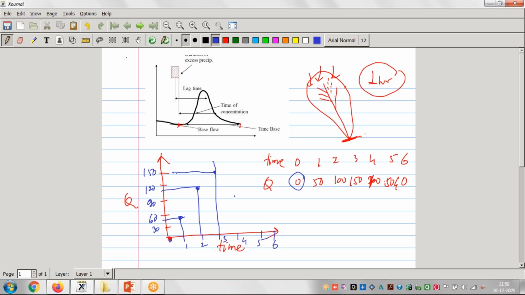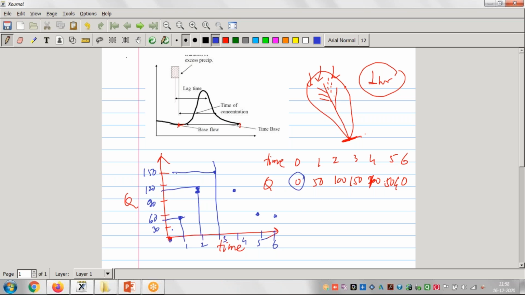Then after the 4th hour it is reducing, it has come back to around 100. This is 100, then 50 somewhere here, then 40, likewise.